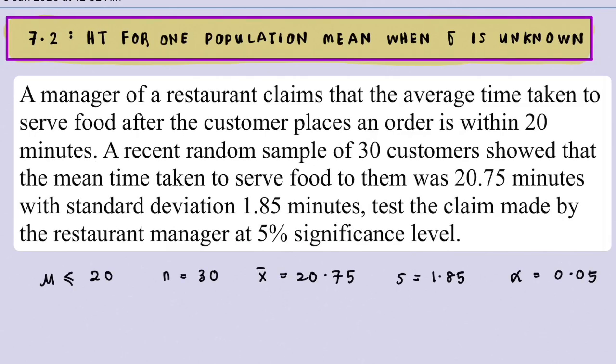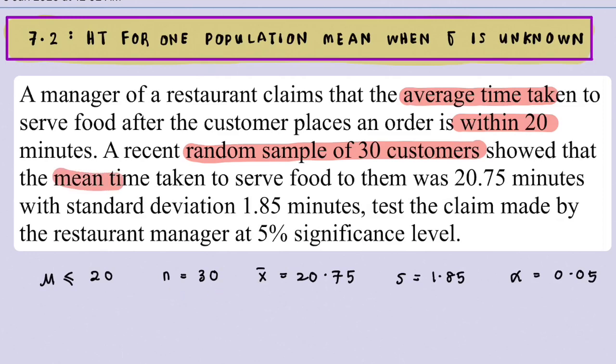List out all the information given first. You have here average time taken is within 20 minutes. Within 20 minutes here means your average is less or equal than 20. So this is the claim made by the restaurant manager. Then you have also the random sample of 30 customers. This is your N value, which is 30.